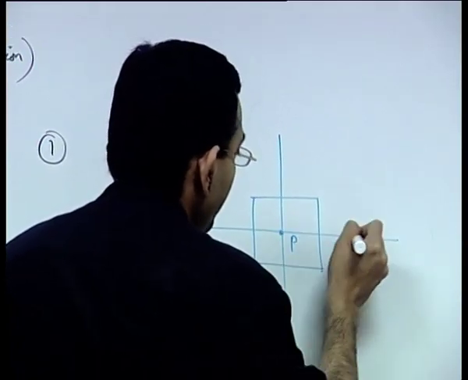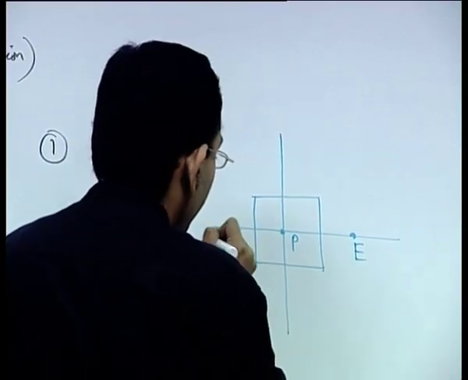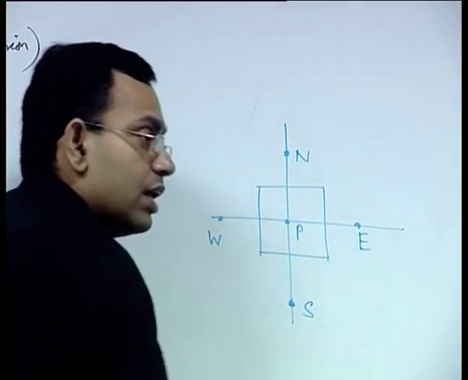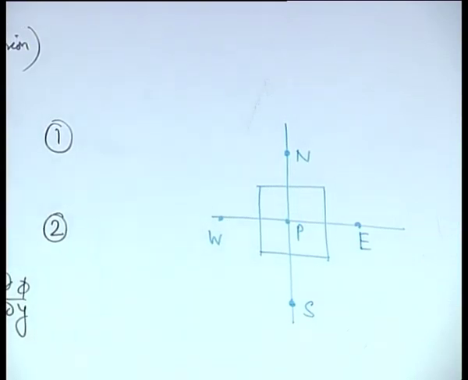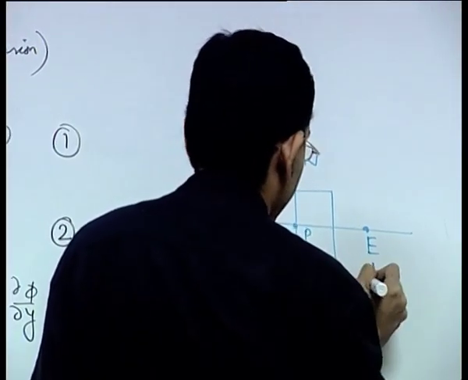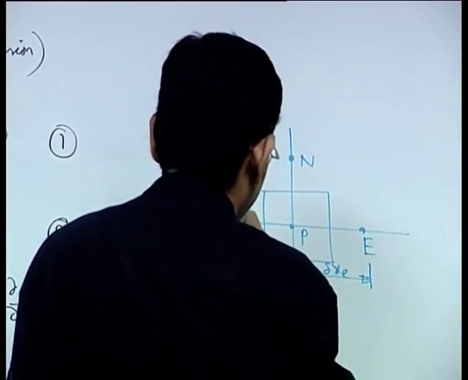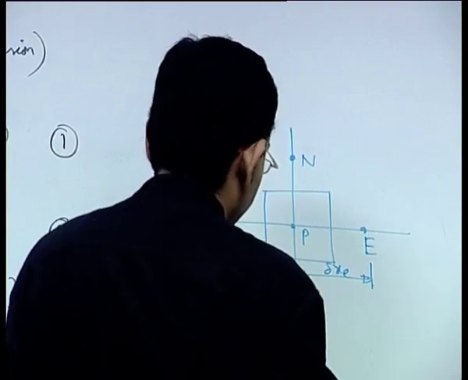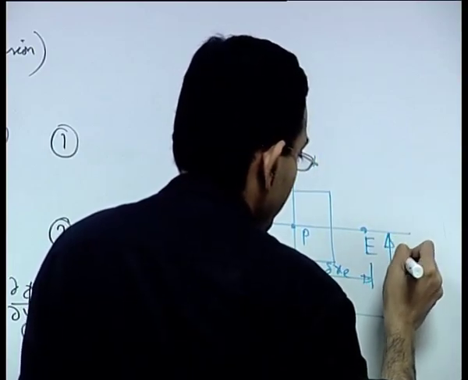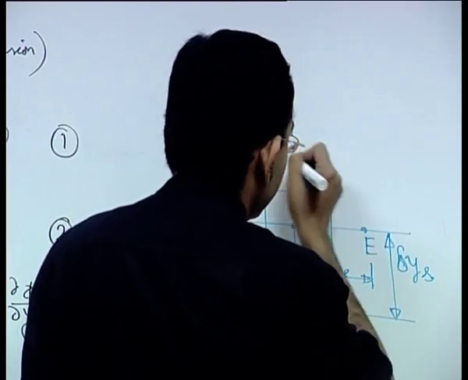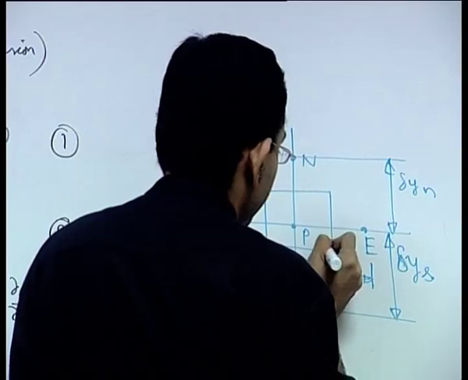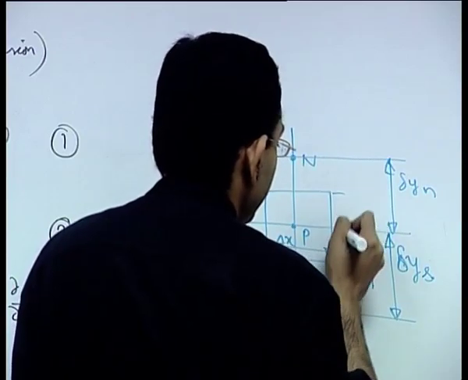So, we have the grid point P, its neighboring grid points are capital E, capital W, capital N, capital S. This is delta x E, this is delta x W, this is delta y s, this is delta y n, this is delta x, and this is delta y.